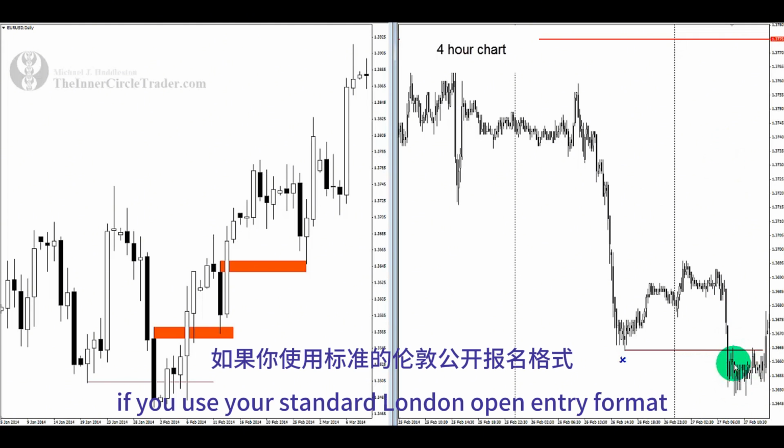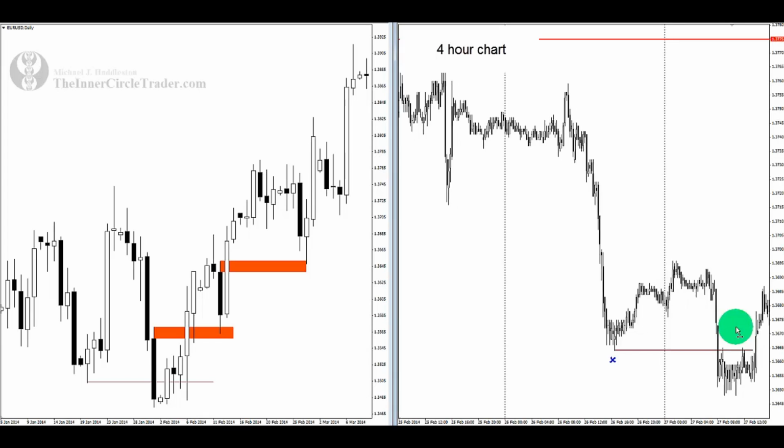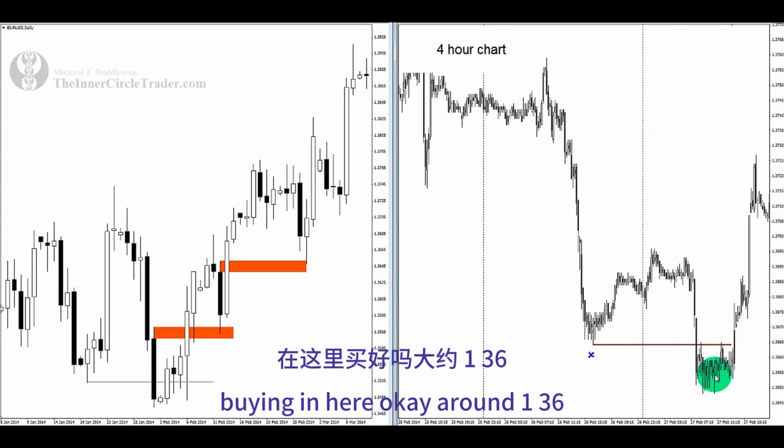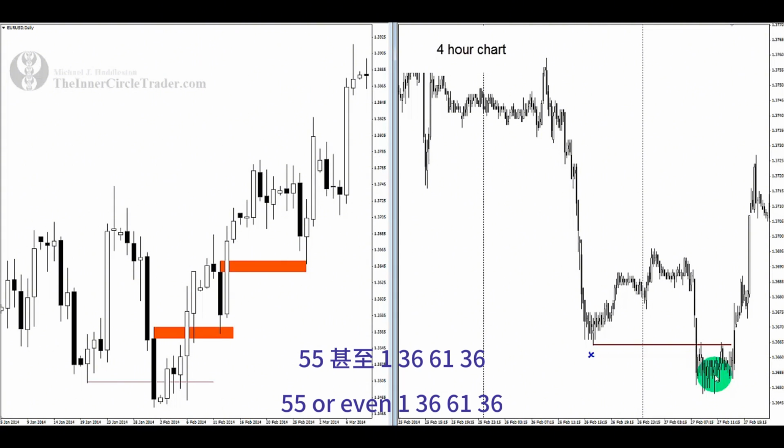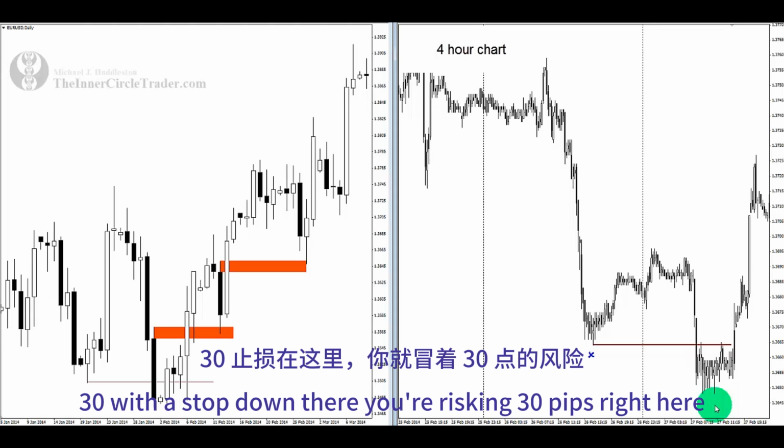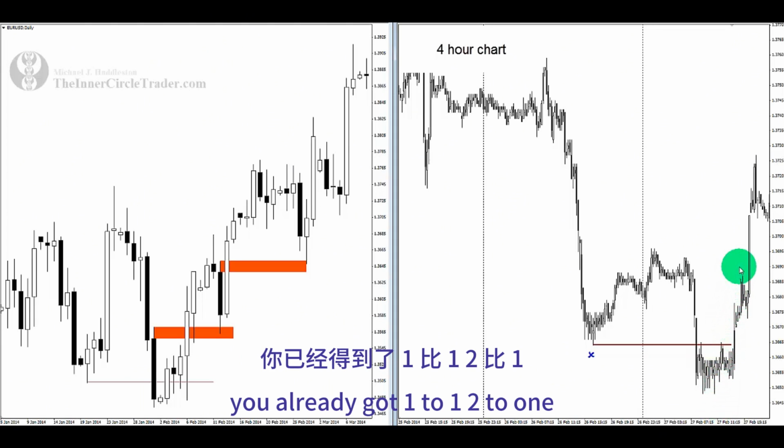If you use your standard London Open entry format where we use a 30 pip stop, buying in here around 136.55 or even 136.60, 136.30 with a stop down there, you're risking 30 pips. Right here, you already got 1 to 1, 2 to 1.